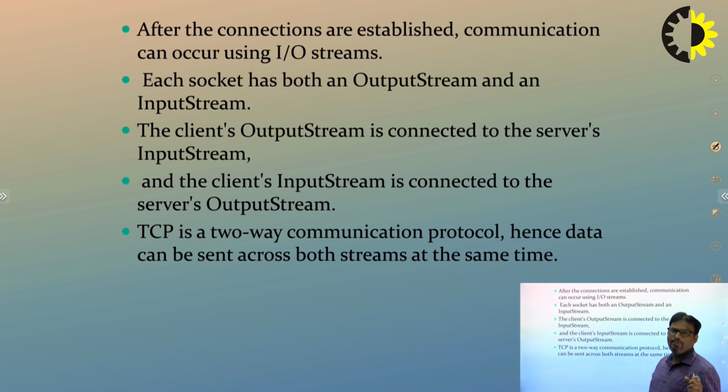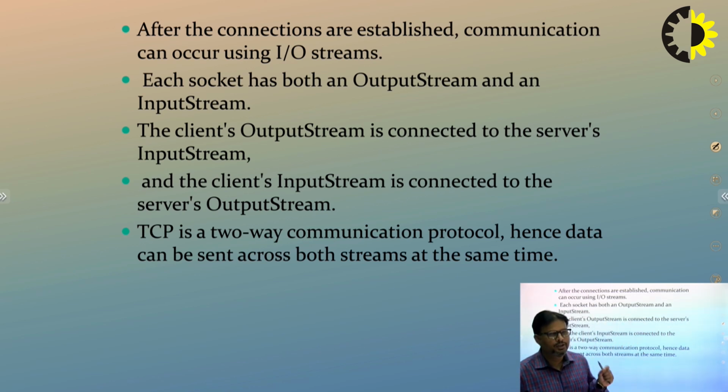The client output stream is connected to the server's input stream and the client input stream is connected to the server output stream. So here TCP is a two-way communication protocol. Hence data can be sent across both streams at the same time.